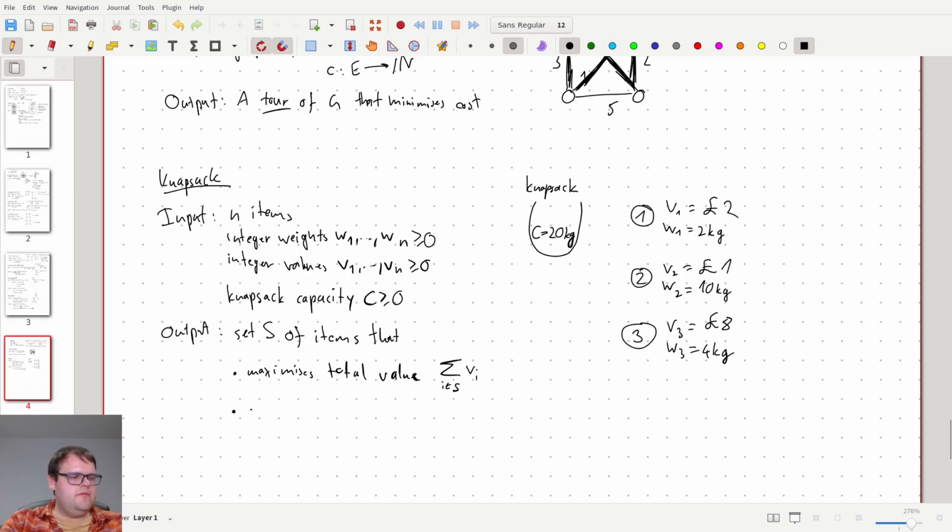But they also have to fit in the knapsack. What does that mean? It means that the sum over all the items of the weights has to be less than the total capacity. So you can't pack more items than your knapsack can carry. That's the idea here. And this you can again express as a linear program, kind of. You can try and figure out how. Might be fun. Cool.